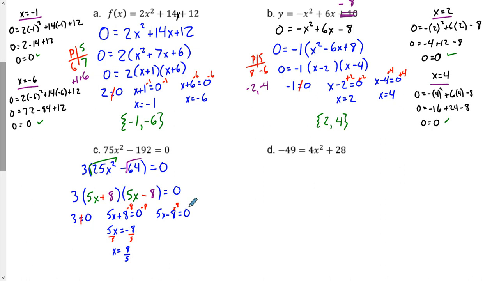The only difference, add the 8. Oh, sorry, I forgot the negative on this one. That's why you have to make sure you do take things nice and carefully, nice and slow. That way you can catch errors. Still divide by 5. This one is the positive 8 over 5.